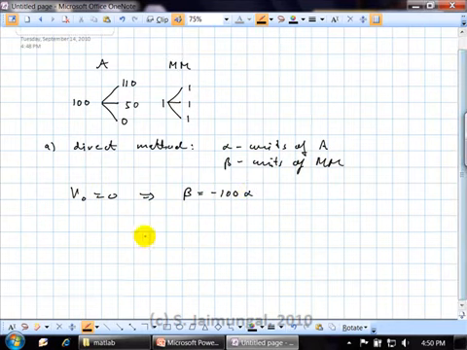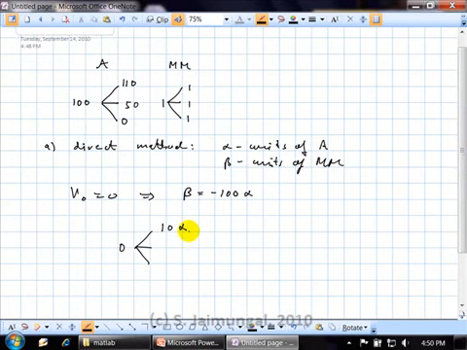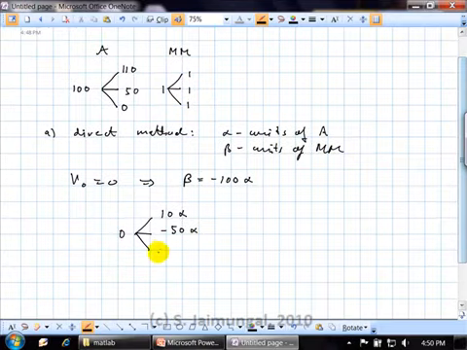And if it is, then I get 0 there. And I get 10 times alpha here. Right? I have 110 times alpha from A minus 100 alpha from the money market. So that's 10 times alpha. In the middle state here, I would get negative 50 times alpha. Do you agree? And in the bottom one, I would have minus 100 times alpha.